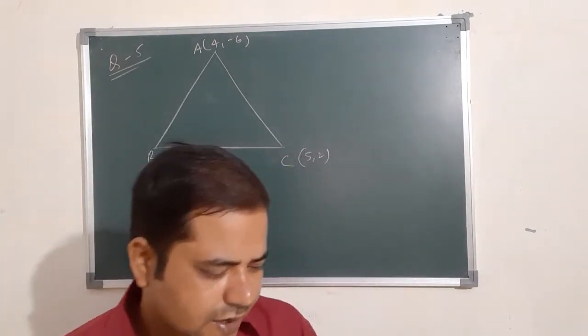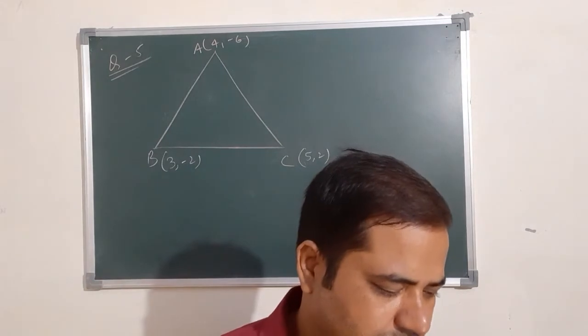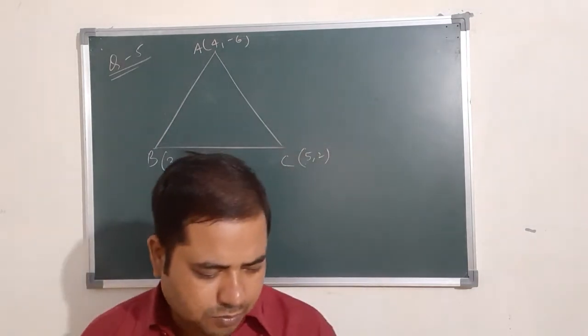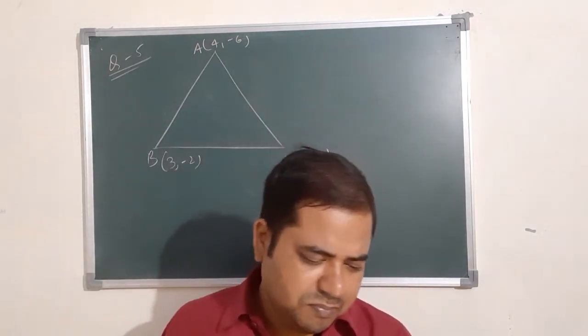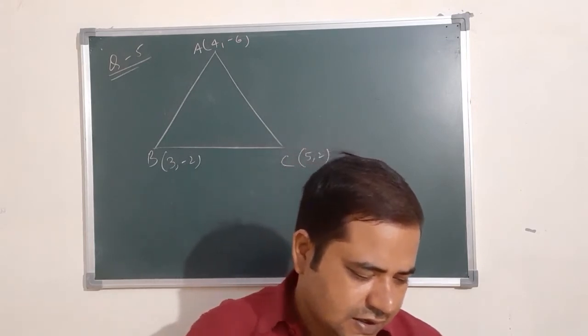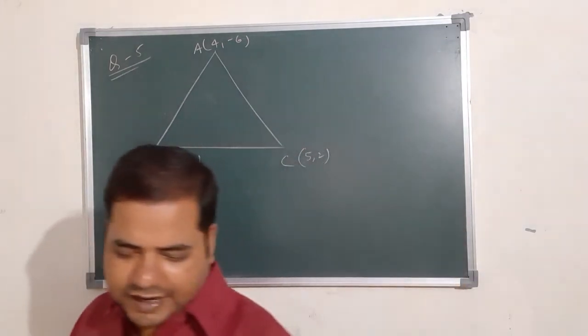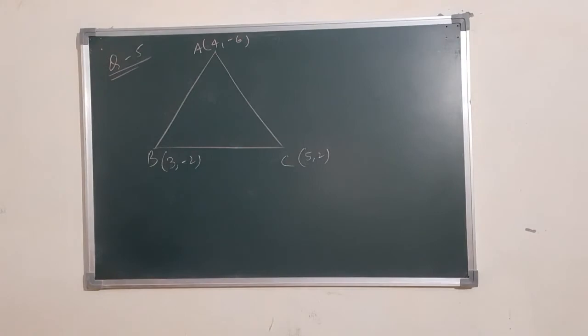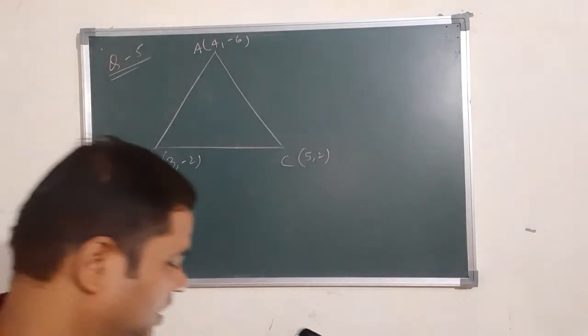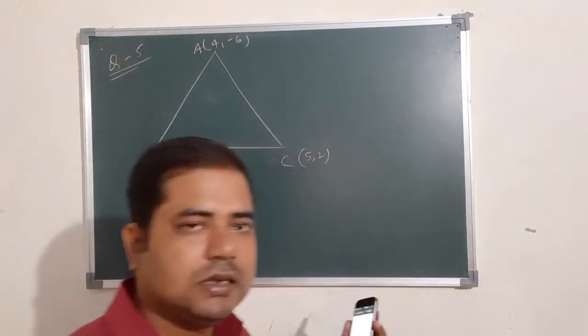You have studied in class 9, chapter 9, example number 3, the theorem that the median of a triangle divides it into two triangles of equal areas. So verify this result for triangle ABC whose vertices are these.